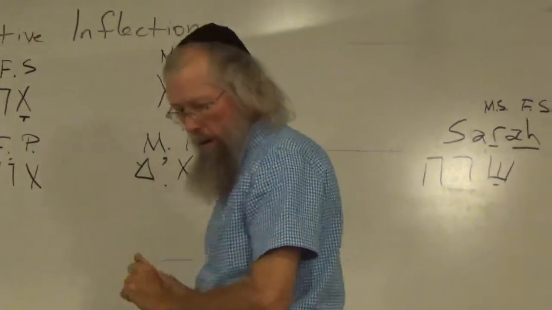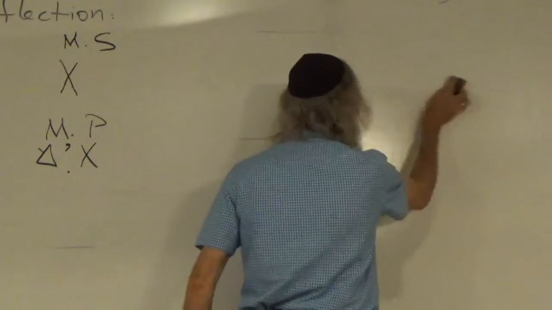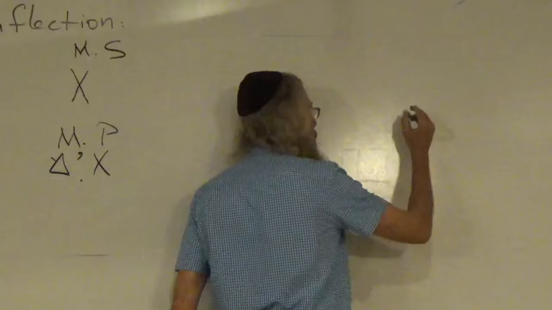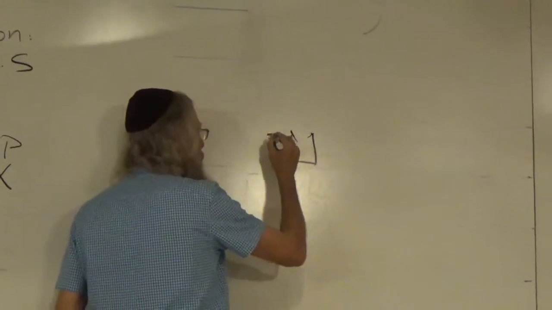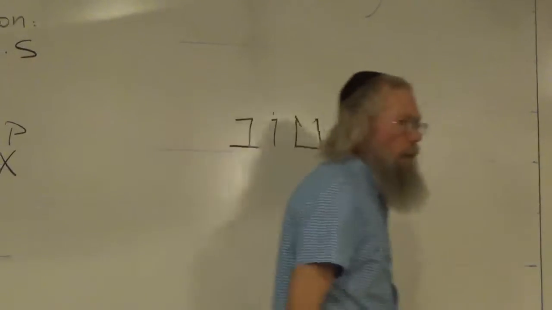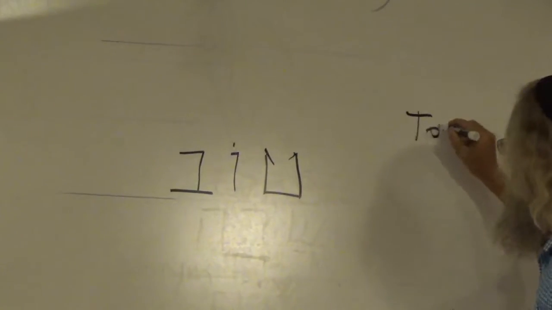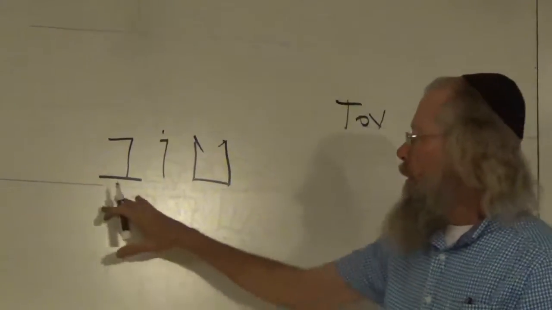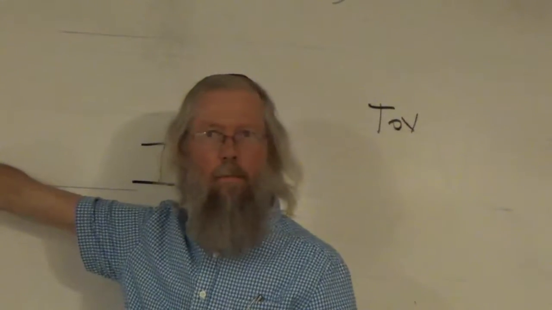So let's use the adjective for good. Okay? The adjective for good, which is what? Tov. Use this because everybody's familiar with it, right? So, the bet here is the X. Got it?